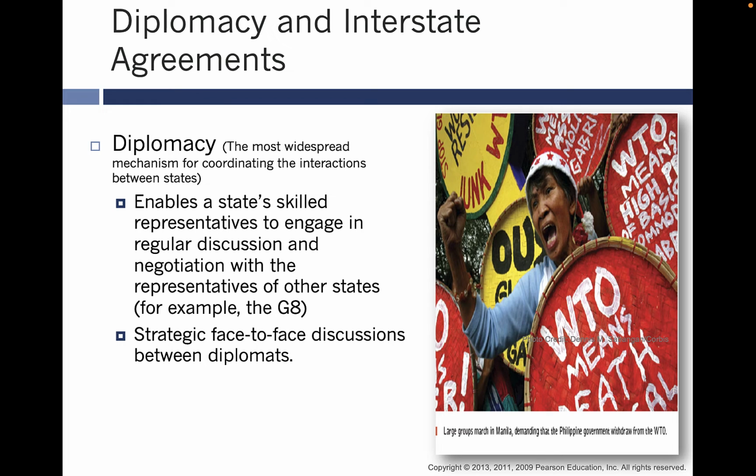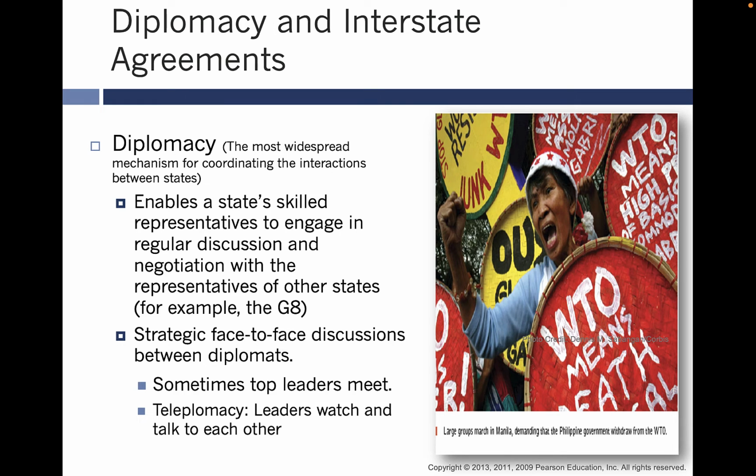The G8's a good example of diplomacy, and we'll talk about the G8 in a little bit. And there's strategic face-to-face discussion between diplomats. We always hear administrations going across the world to meet with each other to discuss issues. And the top leaders will meet, usually the president or the vice president or maybe the secretary of state here in the United States will go and meet.